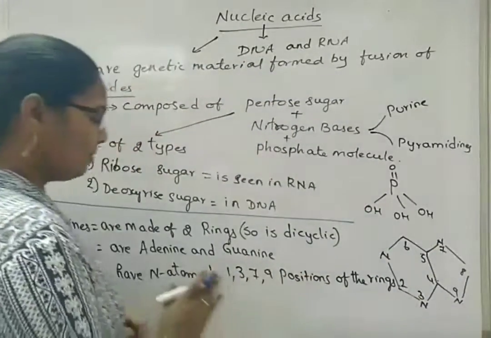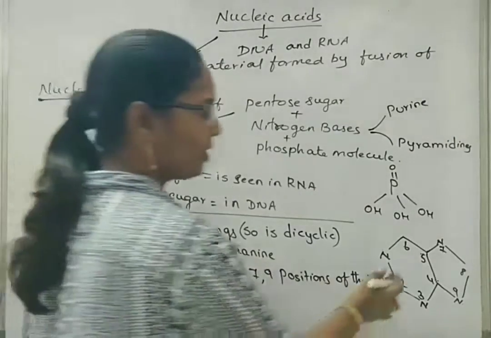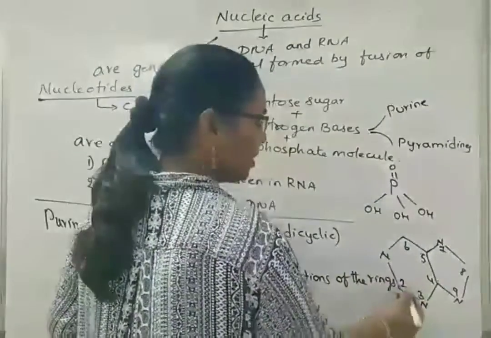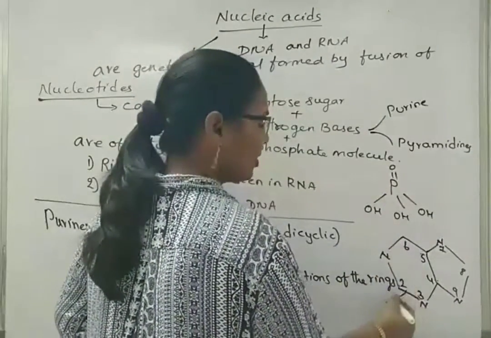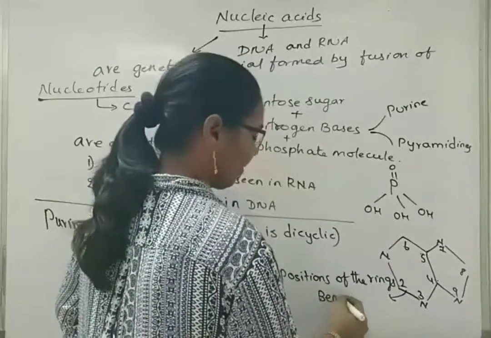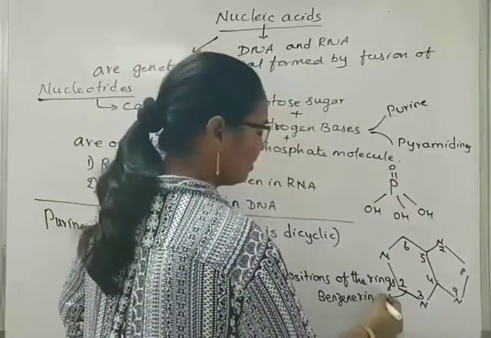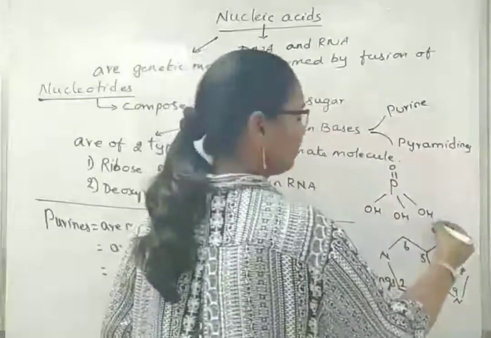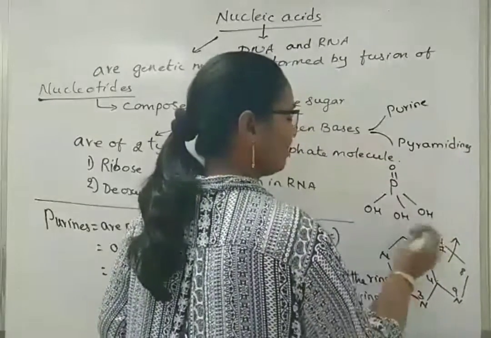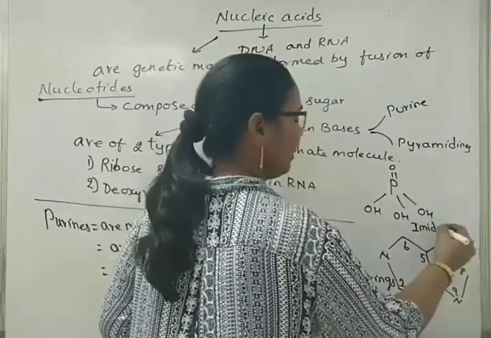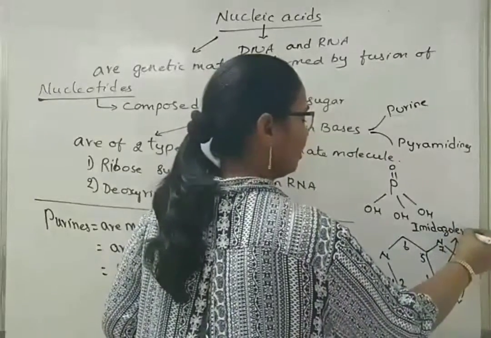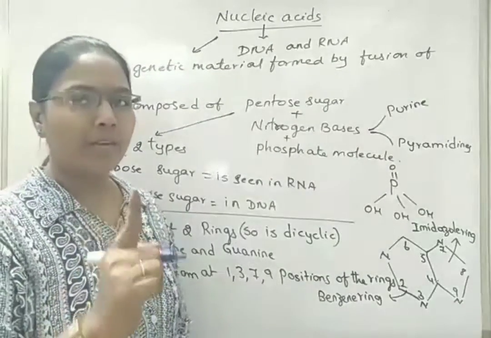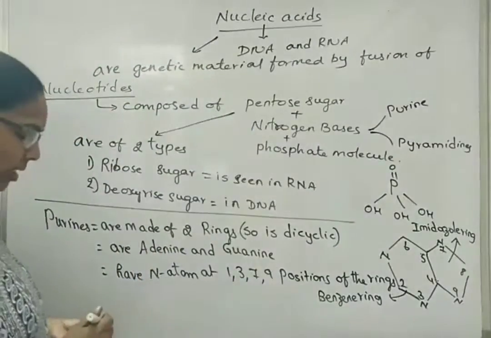Now, it differs between adenine and guanine. What differs? The other functional groups present in purines. This first ring is called the benzene ring, and this second ring is called the imidazole ring. Two types of rings are involved in the formation of one compound, that is purine.